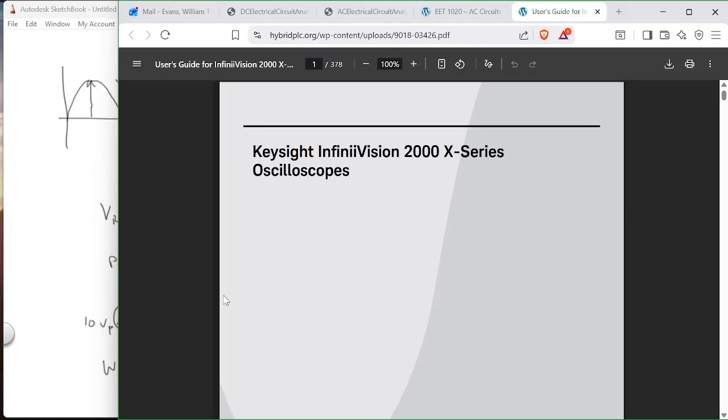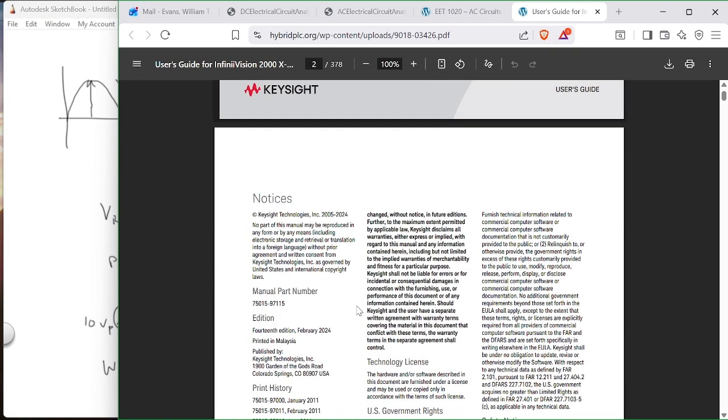That's what we've got, by the way. We've got a Keysight. And there's the manual for it.